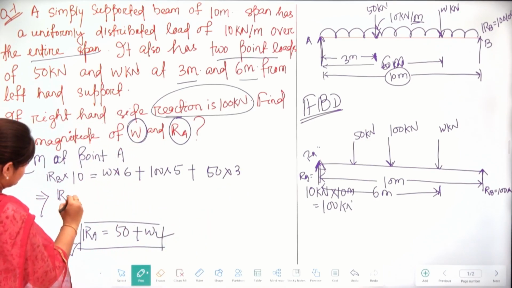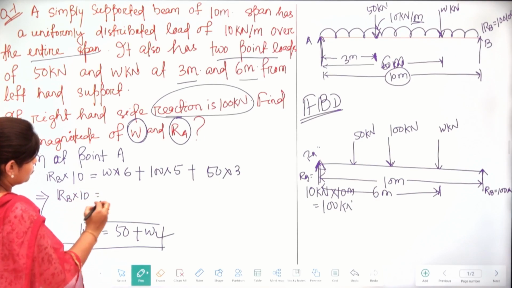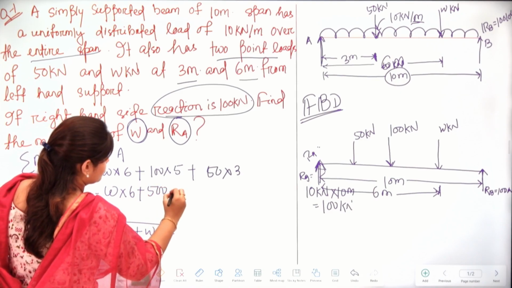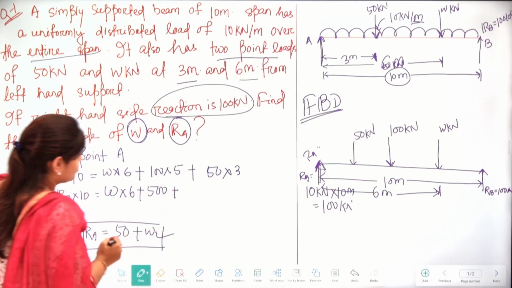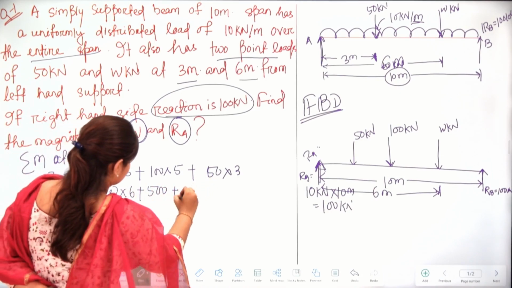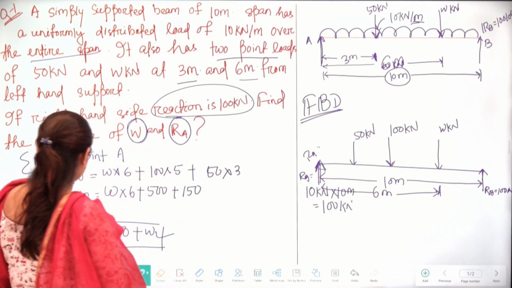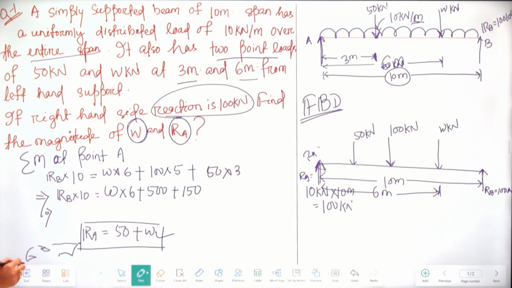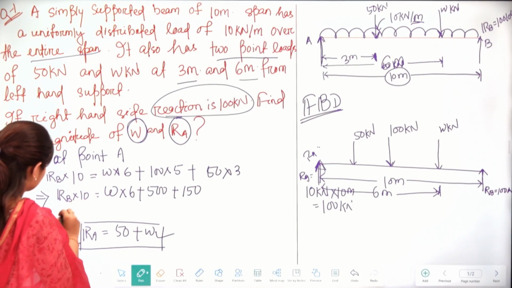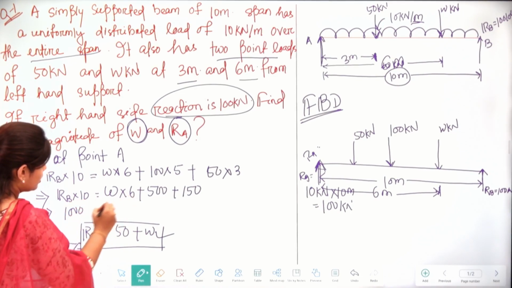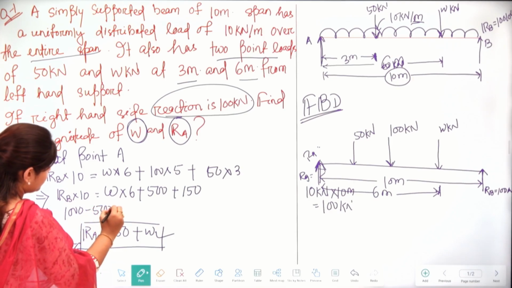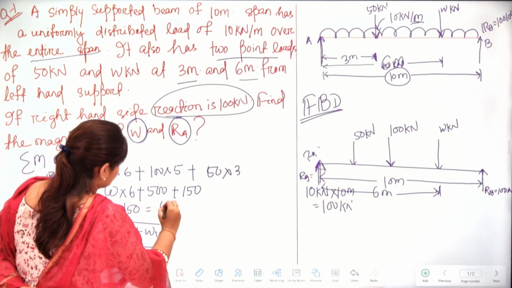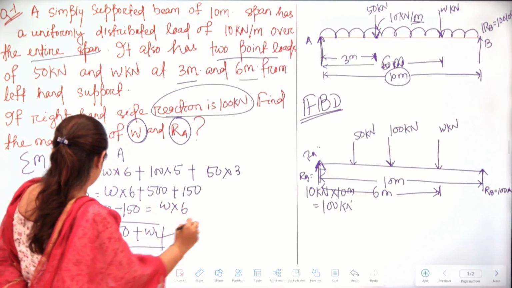So we know the RB value here: 1000 minus 500 minus 150 is equal to W into 6.